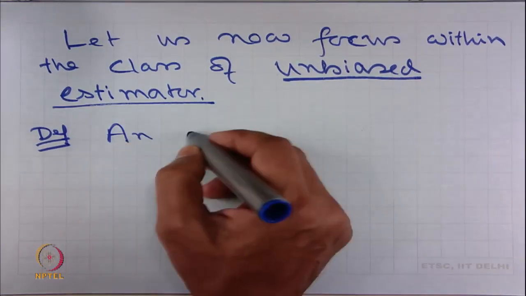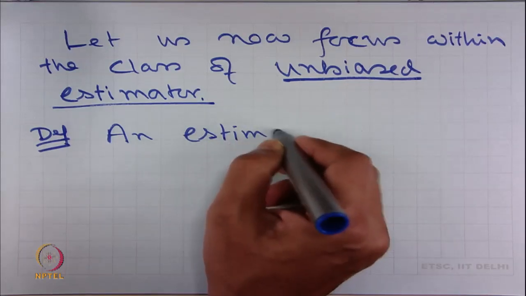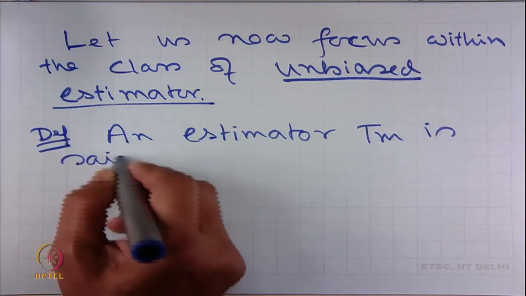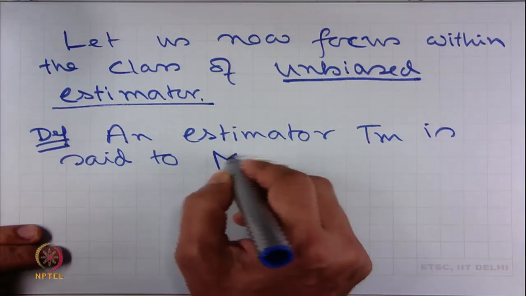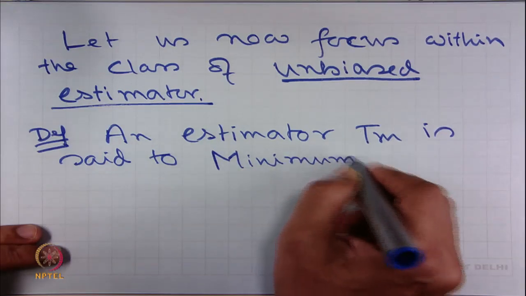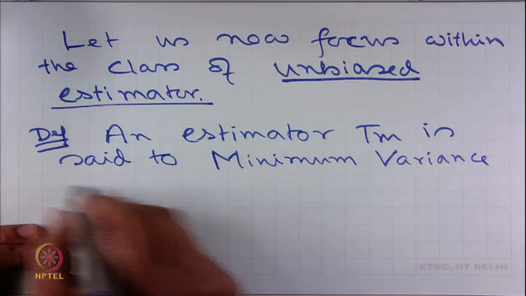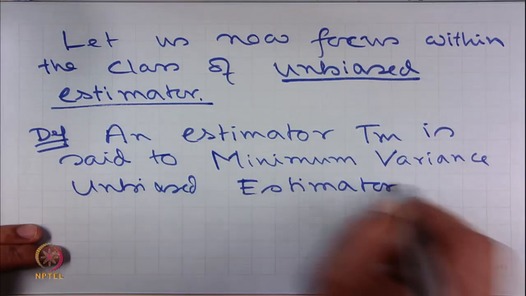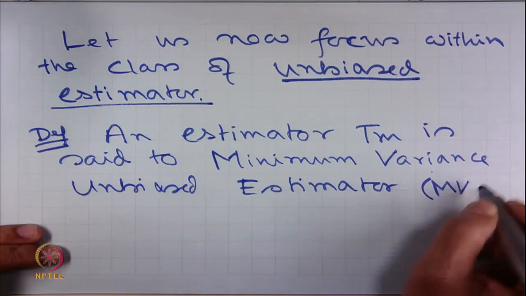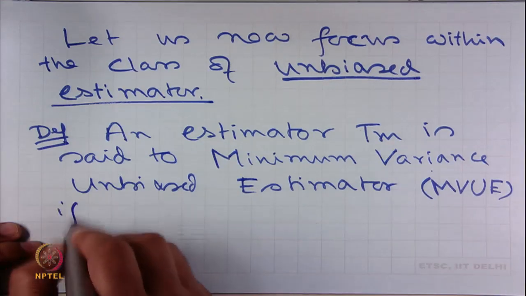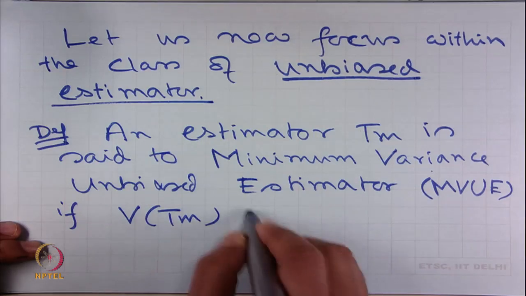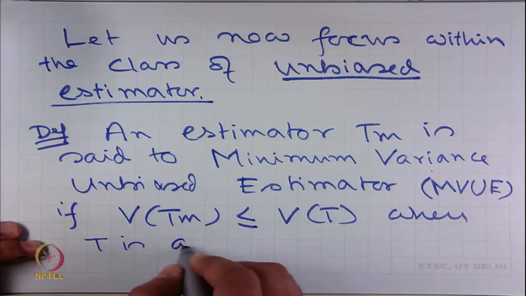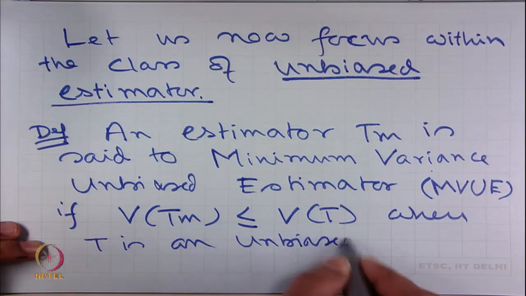An estimator Tm is said to be a minimum variance unbiased estimator, that is MVUE, if variance of Tm is less than or equal to variance of T, where T is an unbiased estimator.